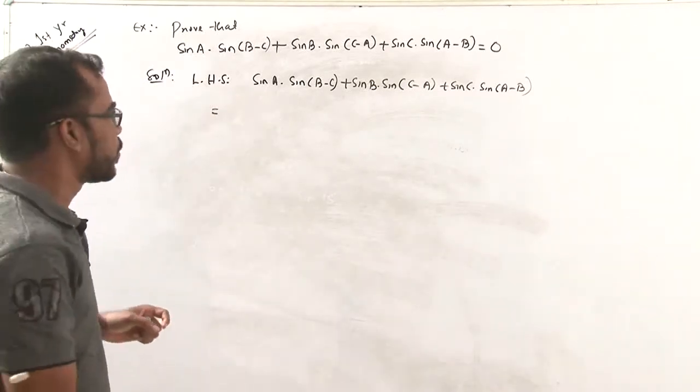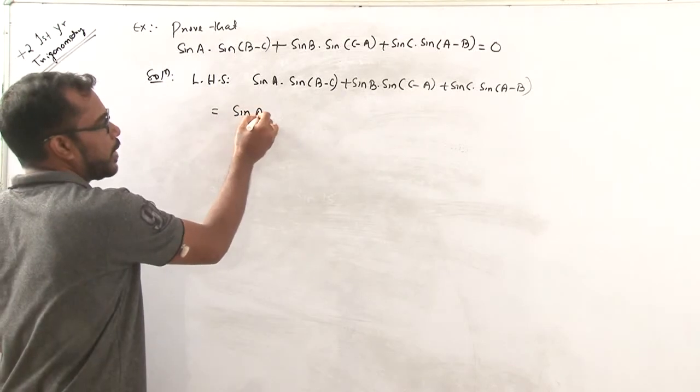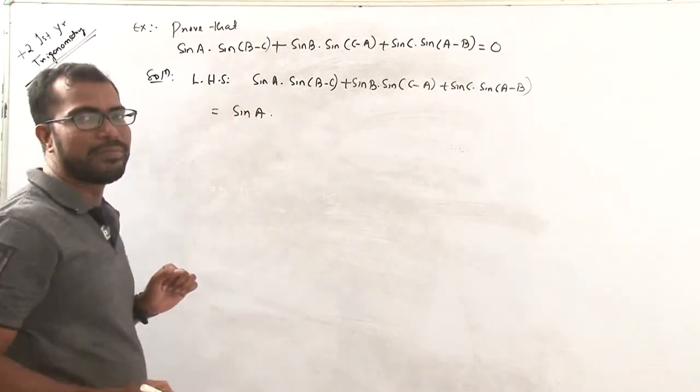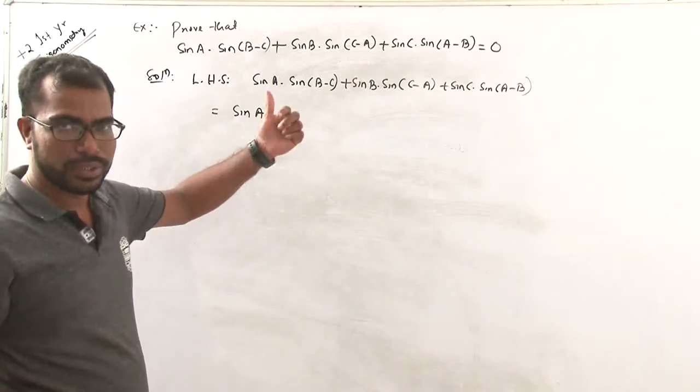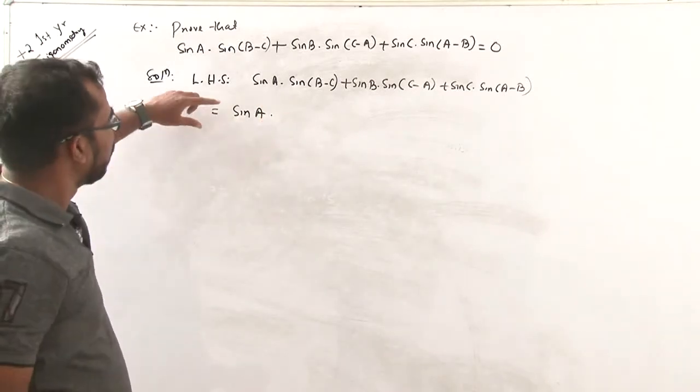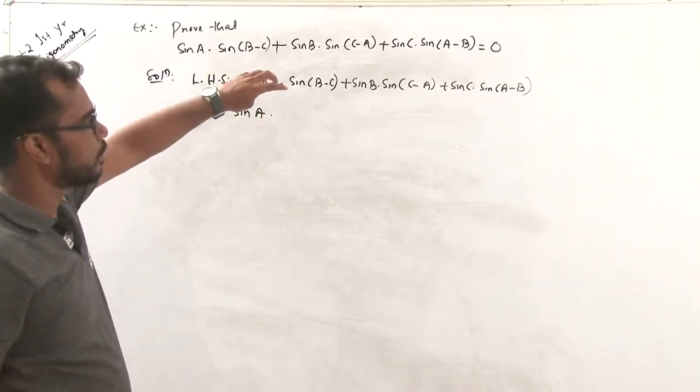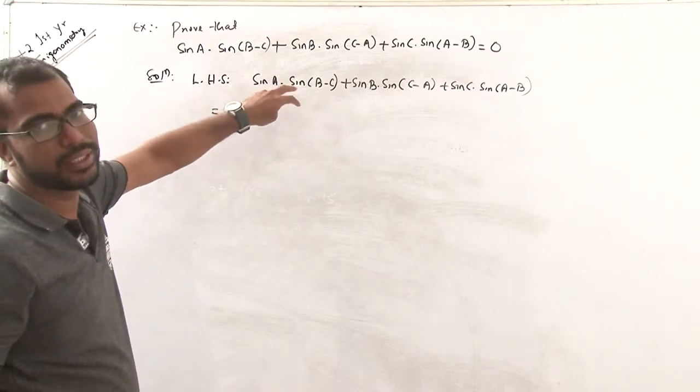So here we can write sin A into sin(B − C), as you saw in the previous chapter for sin(A − B), but here it is sin(B − C).